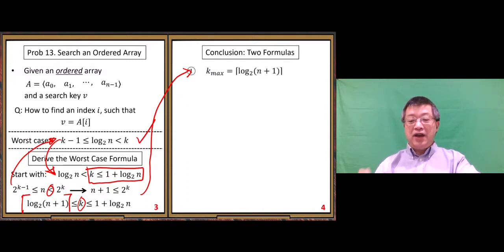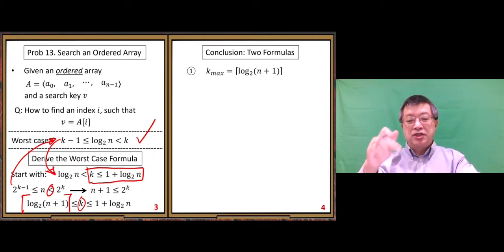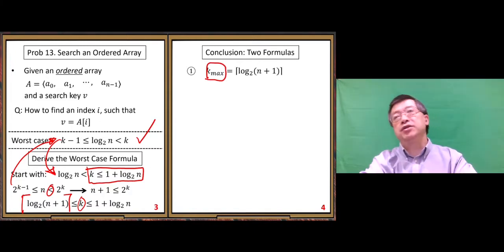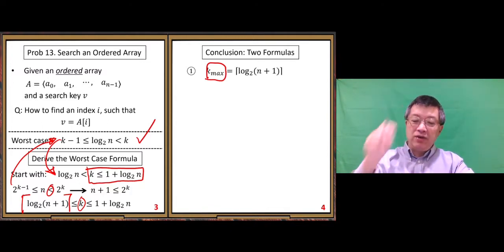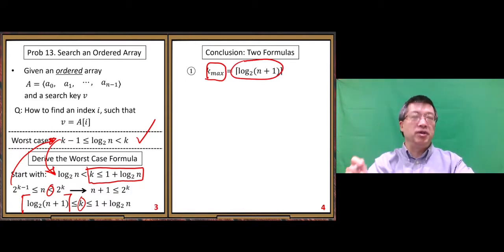That is our first expression. K max, where the max corresponds to the worst case, because in the worst case you use the maximum number of comparisons. K max equals the ceiling of log base 2 of n plus 1, the first formula.